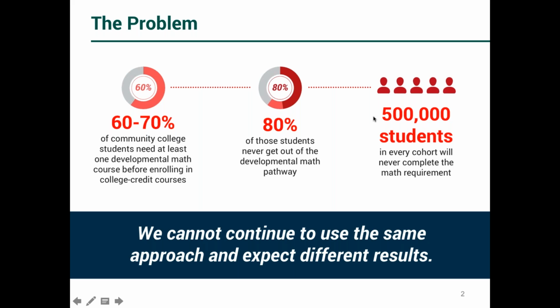This particular slide speaks to community college students in particular, but just to give you a sense of the scope of the issue, about half of the post-secondary students in the United States are enrolled at community colleges, and about 60 to 70% of those students at placement need at least one developmental math course before they're allowed to enroll in college credit courses.